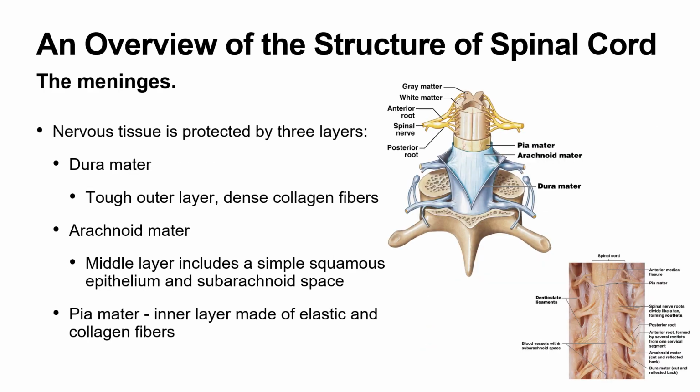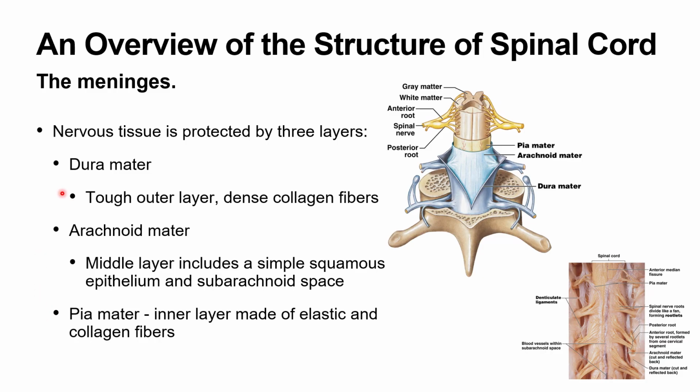And so just outside the spinal cord next, let's talk about the structures that are going to be known as the meninges. So the meninges are going to be a series of 3 layers that are going to surround and protect the spinal cord, and they will be named from superficial to deep: the dura mater, the arachnoid mater, and the pia mater.